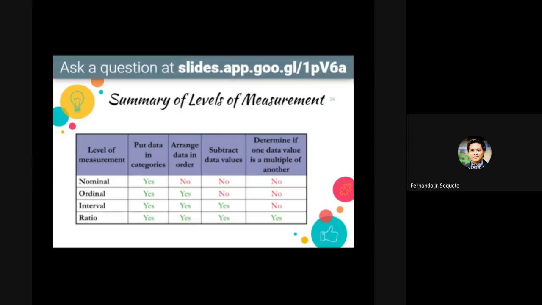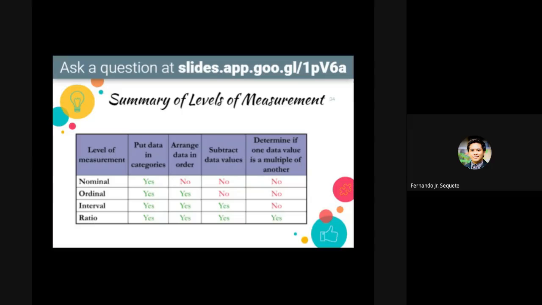Arrange data in order, no, because you cannot say that red is higher than yellow. So walay order ang nominal. Subtract data values dili pwede because you cannot subtract, for example, yellow minus orange.